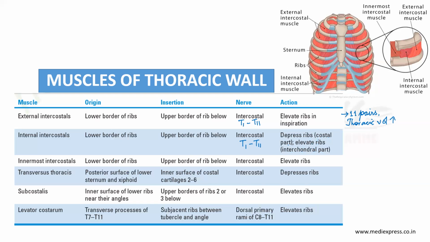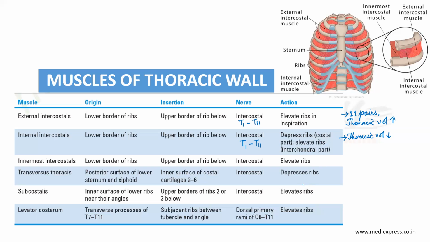So the costal part depresses the rib and the interchondral part elevates the rib. In another way, what happens here is when it depresses, the thoracic volume will decrease. Okay, so this is something which happens.